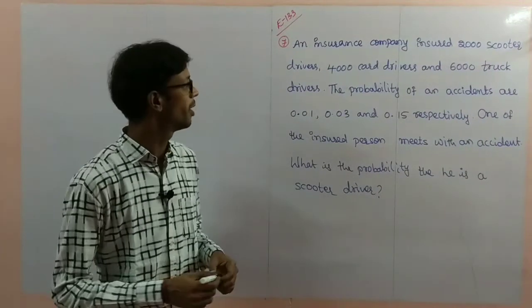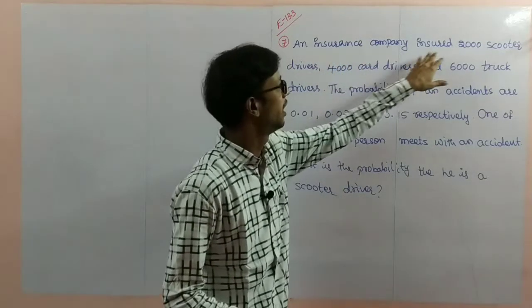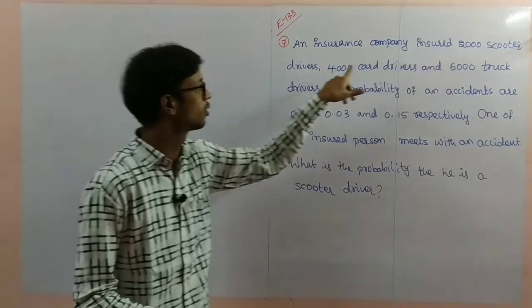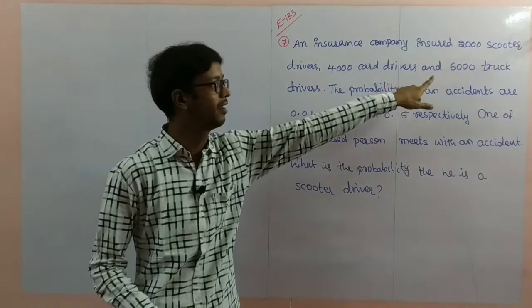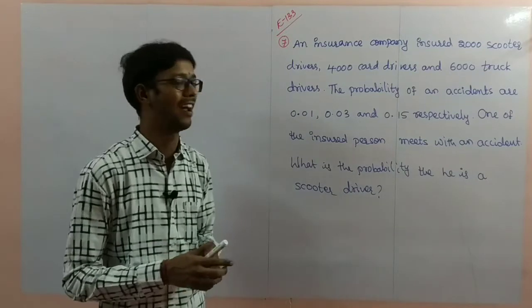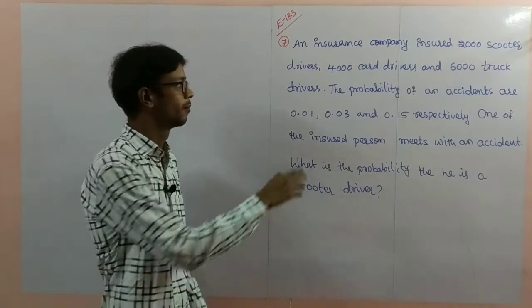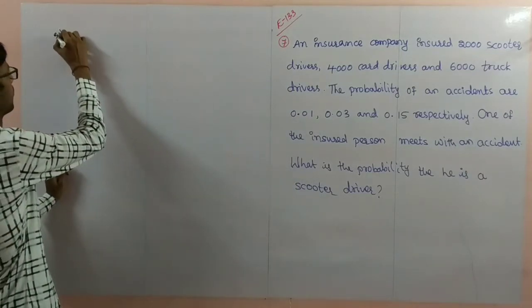Next, problem number 7 in the exercise. An insurance company insured 2000 scooter drivers, 4000 car drivers and 6000 truck drivers. The insurance company is giving insurance to drivers. How many members? First I'll write that point here.